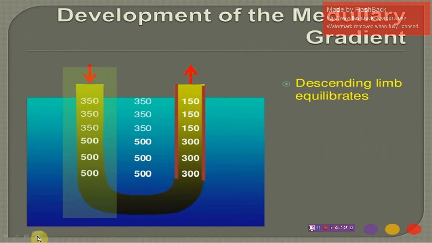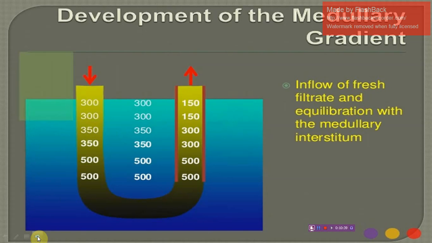Now again the descending limb equilibrates. Now in the upper portion it is 350, and the lower portion it has become 500. Now inflow of fresh filtrate and equilibration with the medullary interstitium.